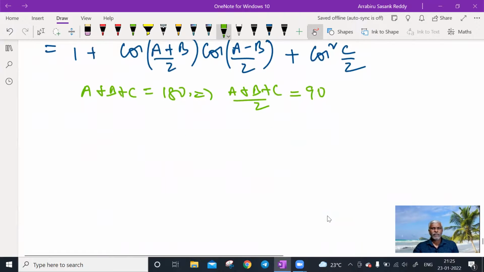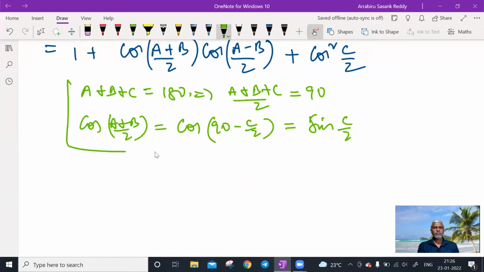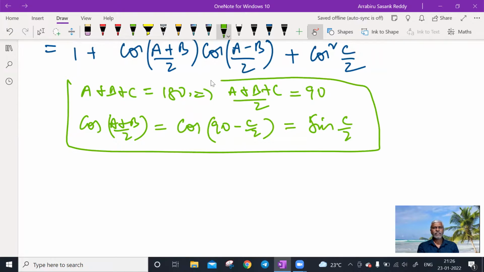So now cos of (a plus b) by 2 is equal to cos(90 minus c by 2), that is sin c by 2. So dividing by 2, that is 90, cos (a plus b) by 2 is sin c by 2.